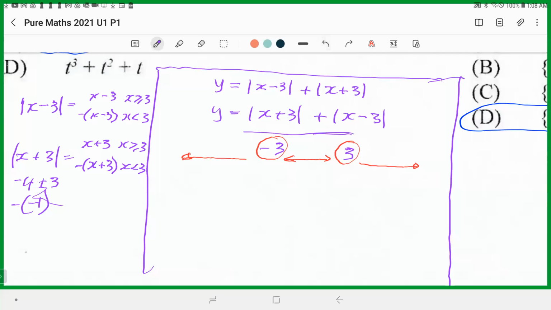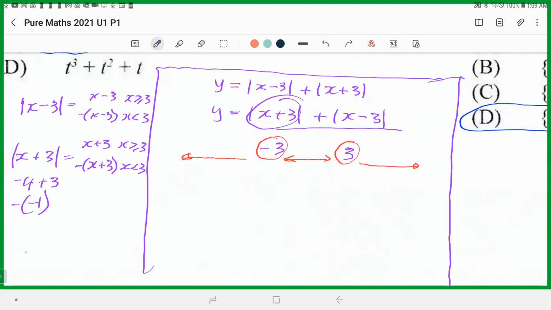To the left of negative 3, this function becomes the negative of itself, but anywhere to the right of negative 3, it remains itself.